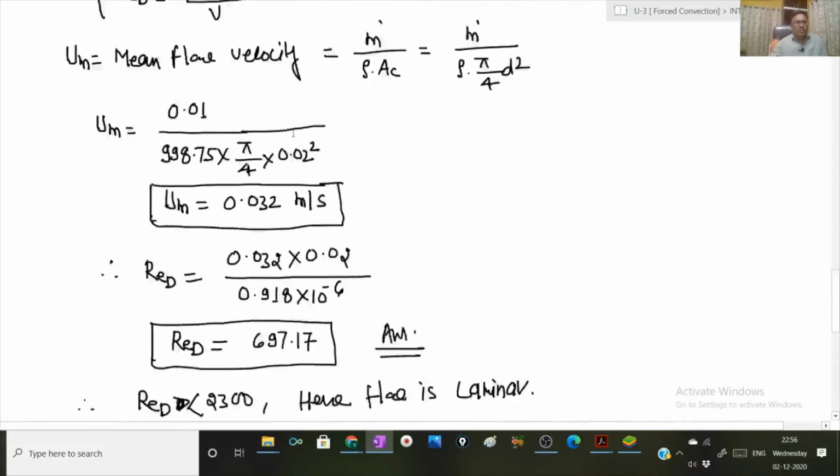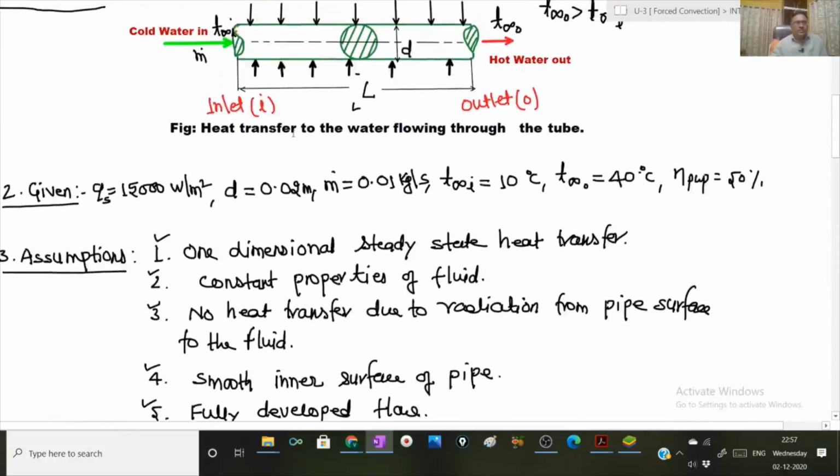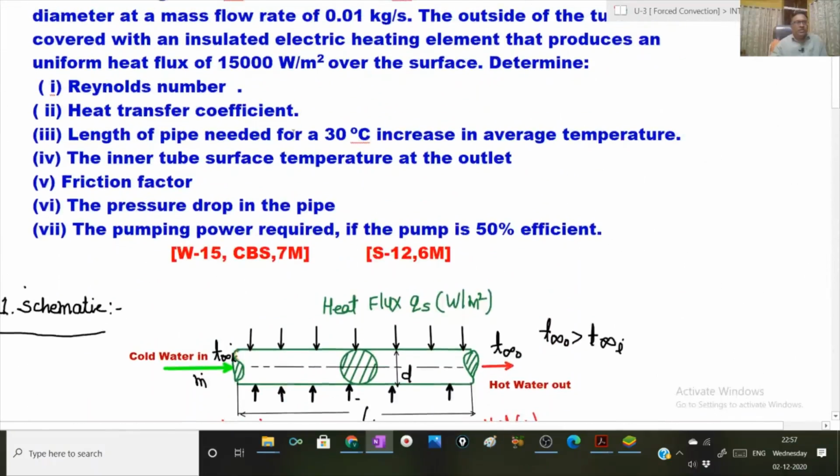Now point number 3: length of pipe needed for a 30 degree Celsius increase in average temperature.